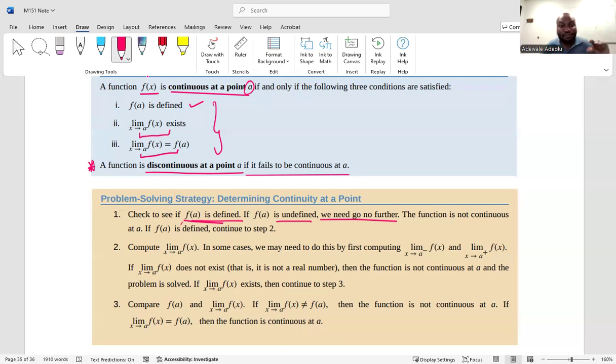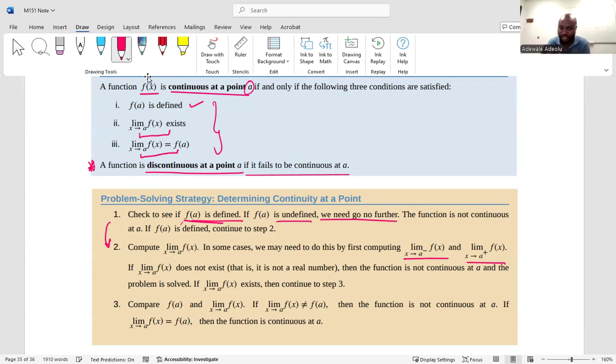But if f of a is defined, it is also not enough to say it is continuous, as we have seen earlier. However, it tells us that it is time to move to step 2, compute the limit. And what that means is that you look at the limit from the left, look at the limit from the right.